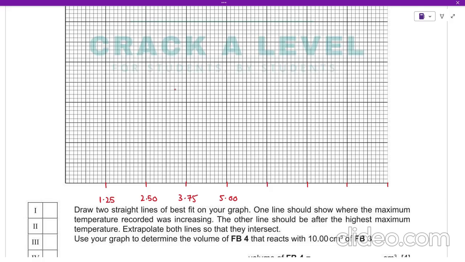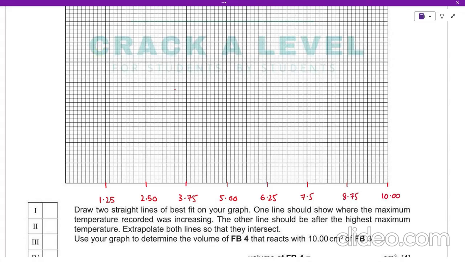So 5.0 plus 1.25 will be 6.25, then plus 1.25 it will become 7.5, then 8.75, and then it will become 10.00.